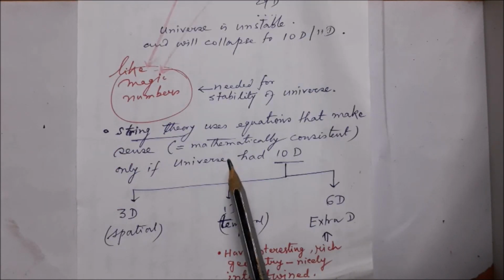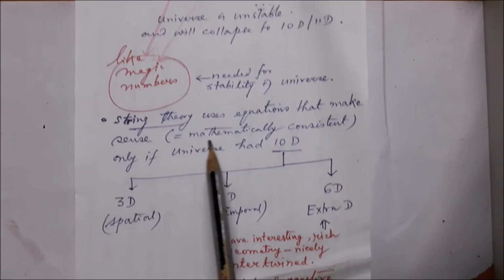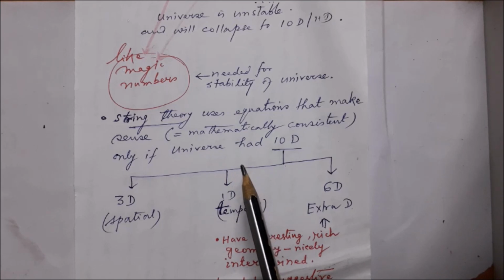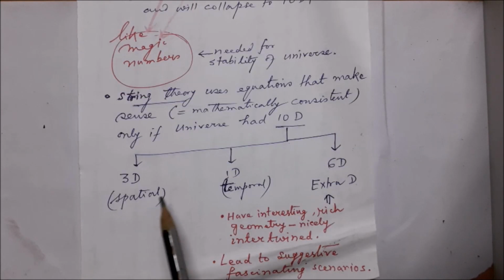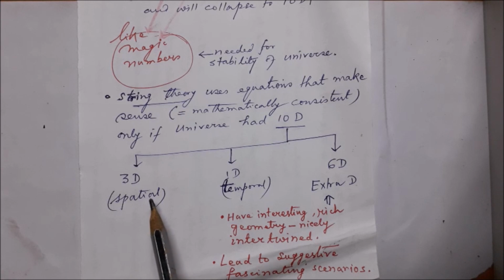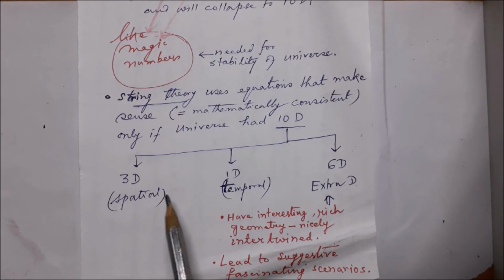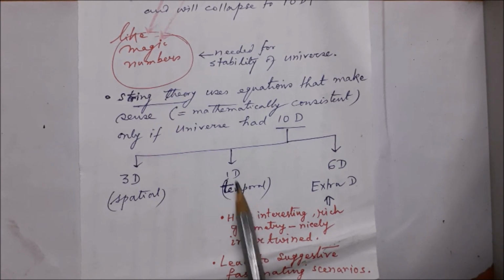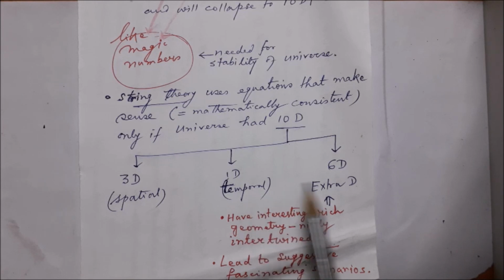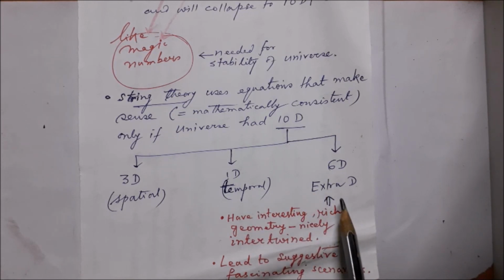The string theory rests upon certain equations which become meaningful only if the number of dimensions is 10 or 11, out of which 3 are spatial, and we are quite satisfied and fine with it. One is temporal, and the rest 6 or 7 are called extra dimensions.